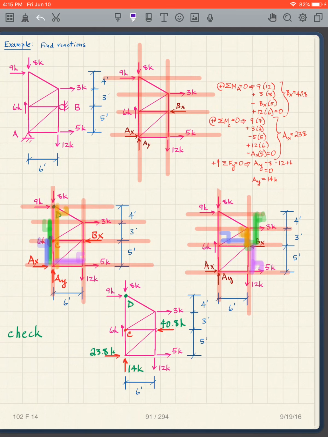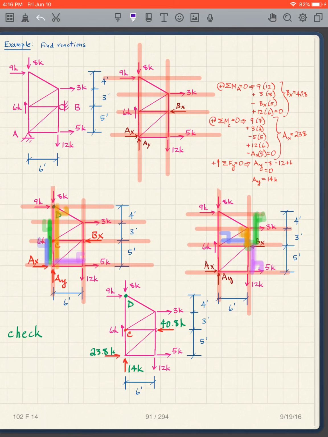Why did I choose to take moments about point C? Well, if I want to find AX, it's a good one because the line of action of BX is through there, and the line of action of AY is through there. That means the moment arm is 0 for those two forces, and the only unknown left is AX.